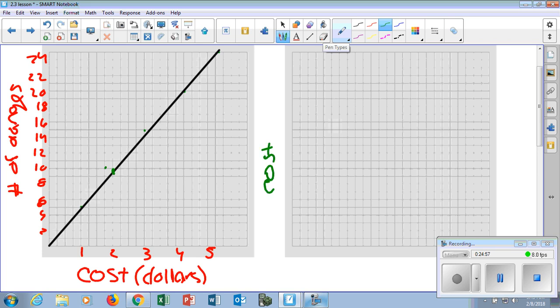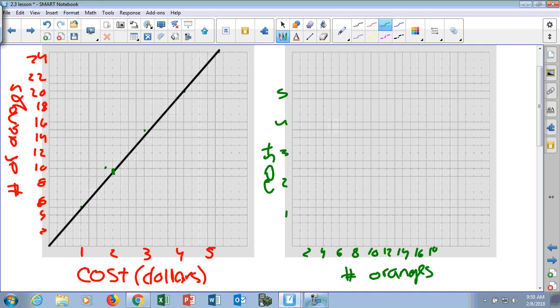Let's do cost along our y-axis and the number of oranges down here. Okay, and we'll do 2, 4, 8, 10, 12, 14, 18, 20, 22. Everyone has this graph written?